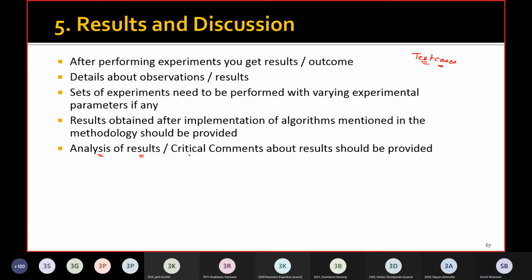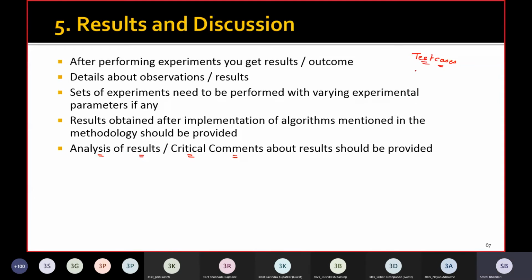Analysis of the results also needs to be mentioned. Also, critical comments about the results should be provided. Typically, whenever you have a research-oriented project, you have lots of such comments and analysis of your results.